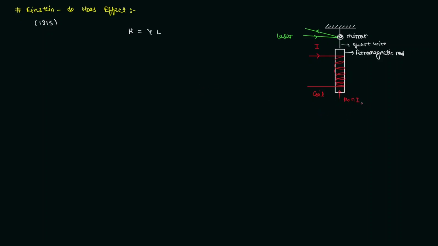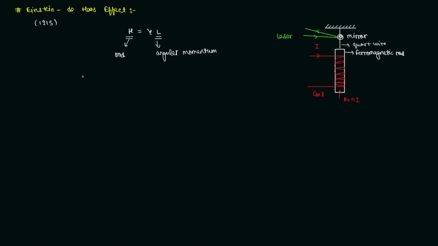Now this current is strong enough to saturate this ferromagnetic rod, so that after the application of this external magnetic field, there is internal magnetic moment inside this rod. And as we know from this relation, if there is magnetic moment, then there is angular momentum associated with it.